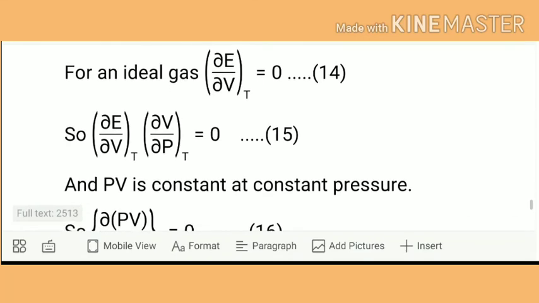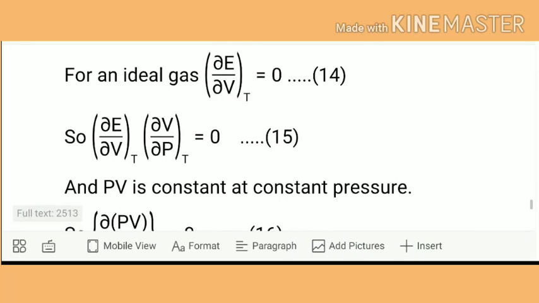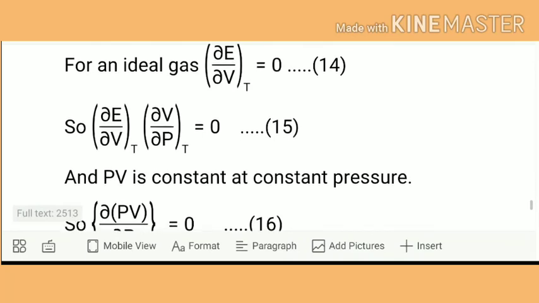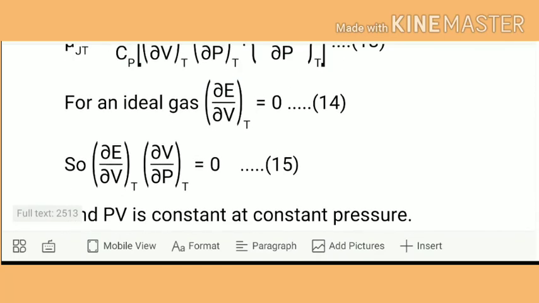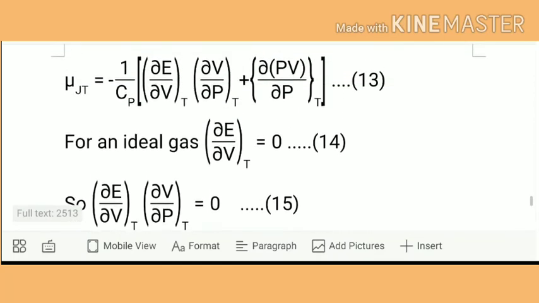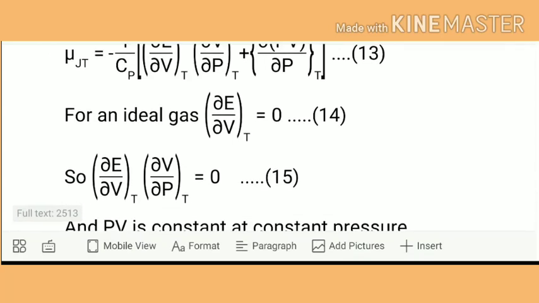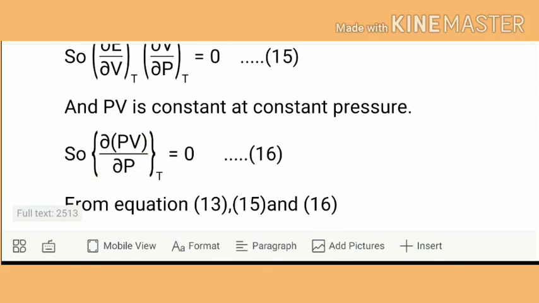We also know that PV is constant at constant temperature, because in the second term the temperature remains constant, according to Boyle's law.